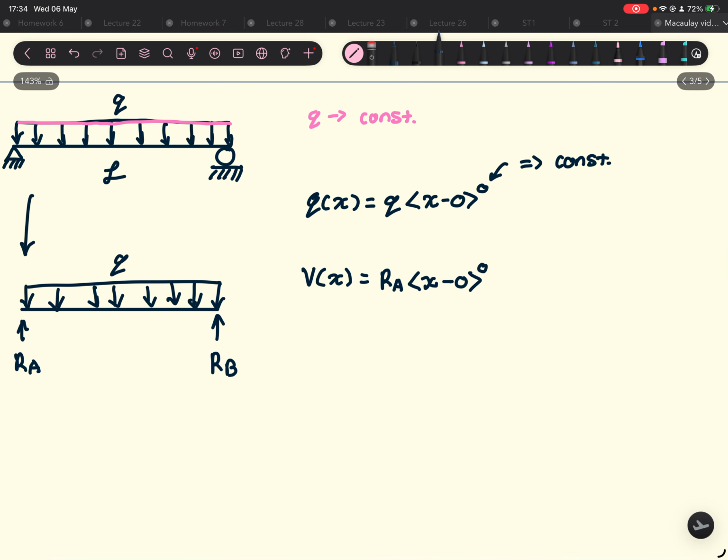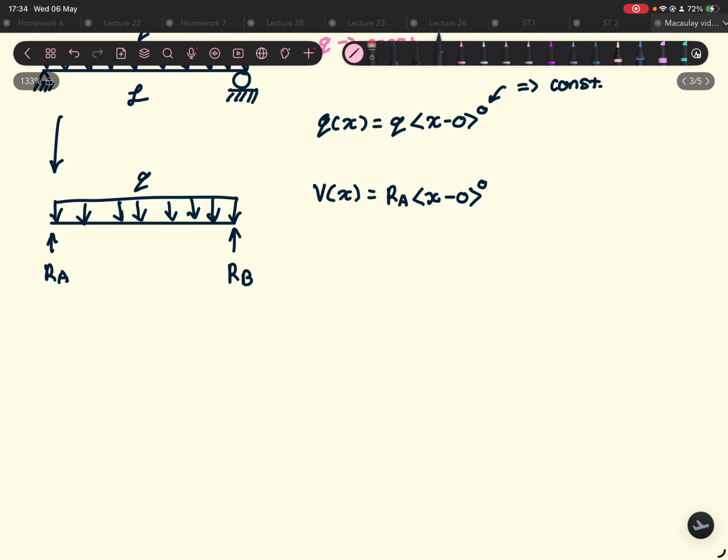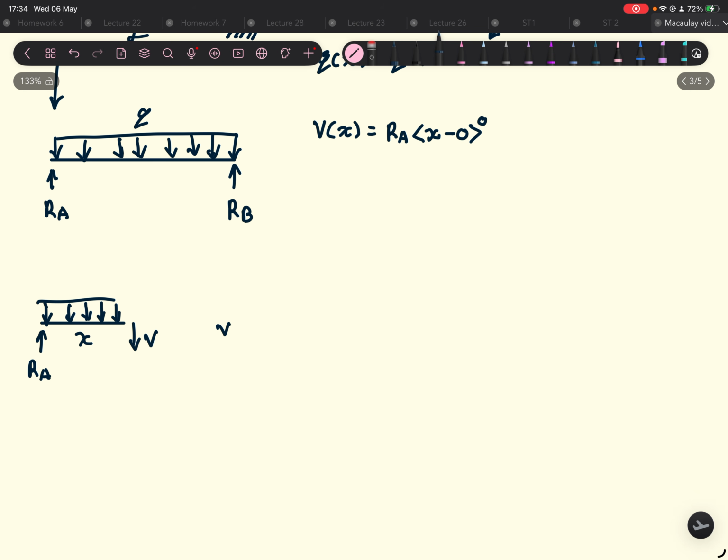Then our distributed load, however, has an effect that changes with x. So if you were to section a portion of the beam, we'll call this x, call that RA, and then you have your distributed load that acts along this portion. Then you have your shear force, right? So your shear force is going to be some combination of RA plus some combination of your distributed load.